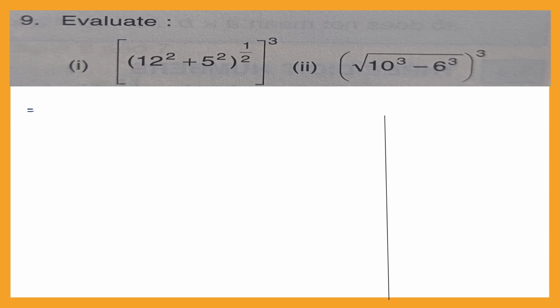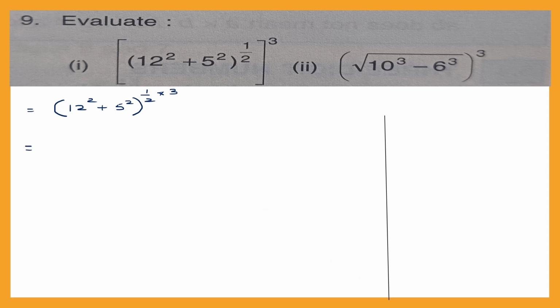So this is equal to the square bracket, and inside that the common bracket, 12 to the power of 2 plus 5 square raised to the power of 1 by 2, raised to the power of 3, so we can multiply that. So here when you multiply 1 by 2 into 3 will give us 3 by 2.